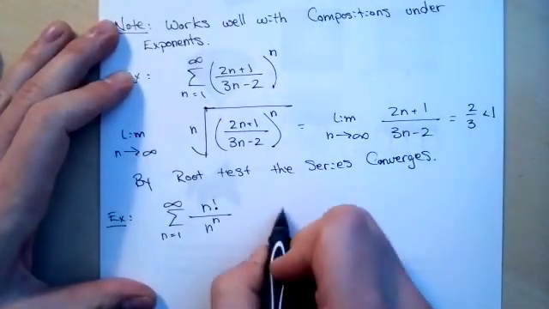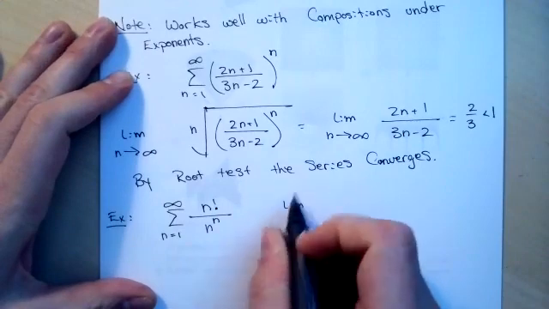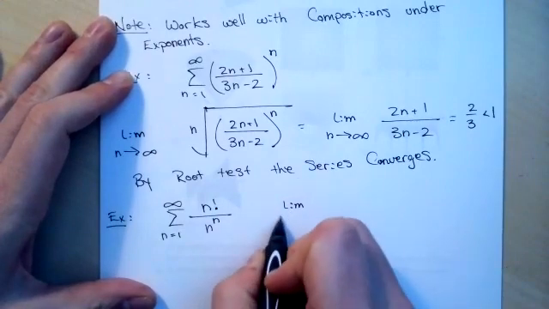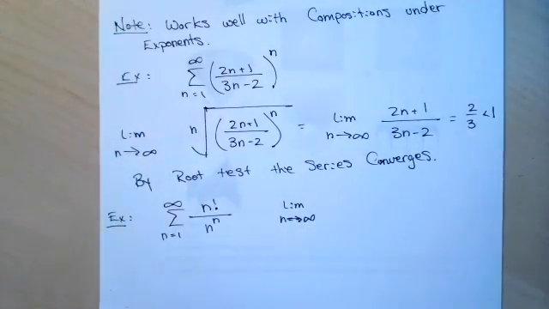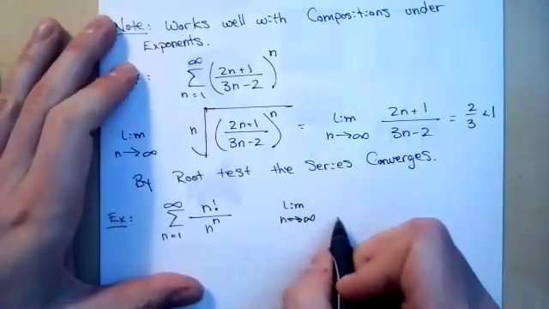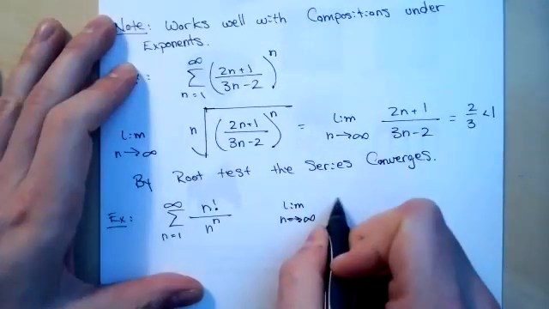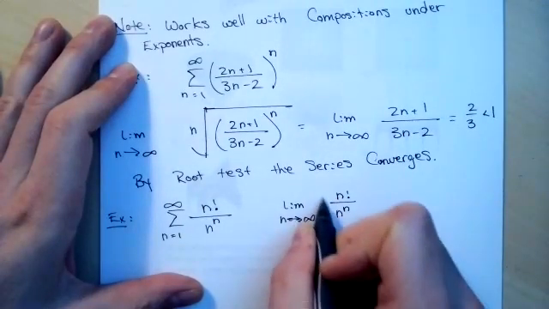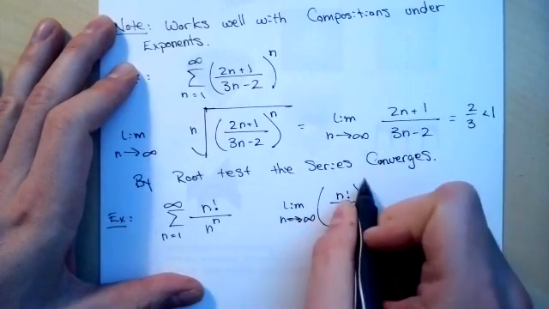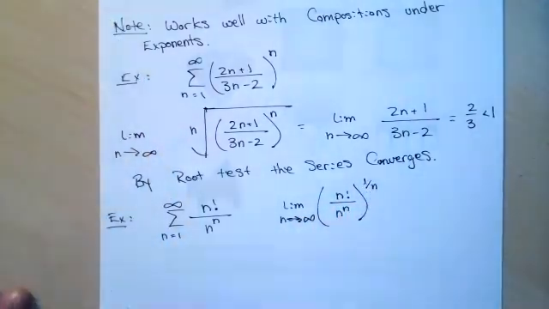Square roots in general, hopefully you've gathered, are kind of difficult to work with, let alone nth roots. So we have n factorial over n to the n, and we want to take the nth root of it. The other way you can write it is, of course, to the power of 1 over n.